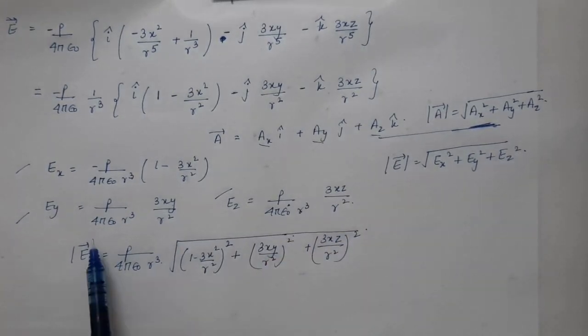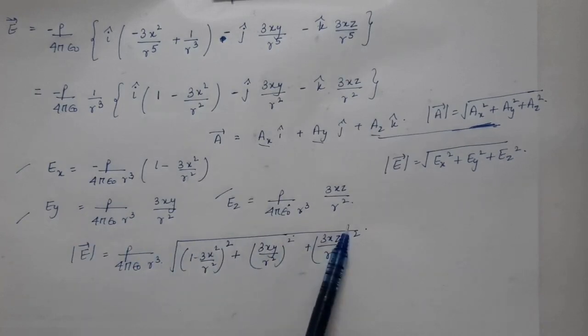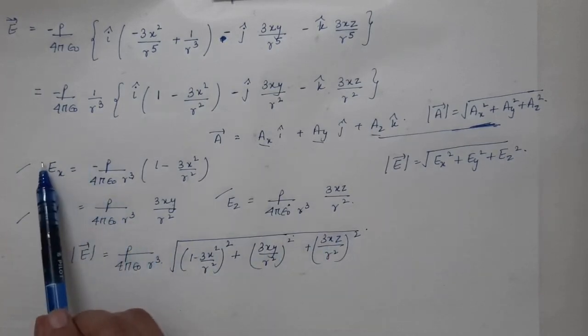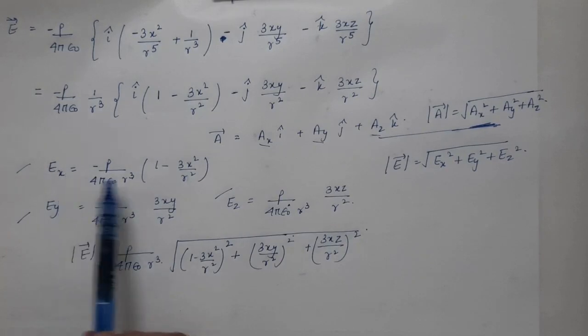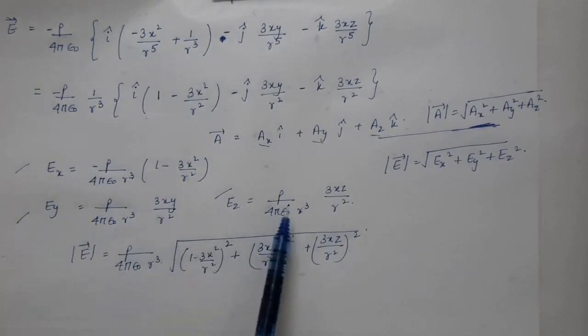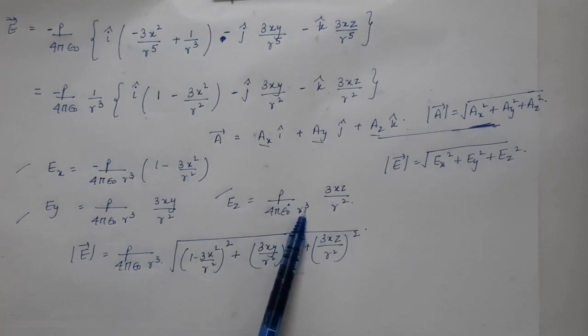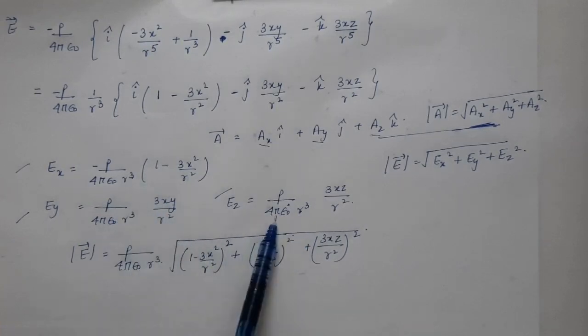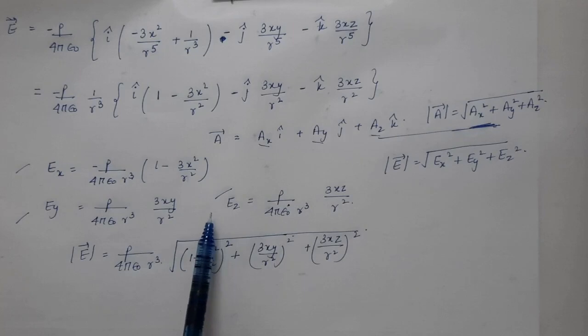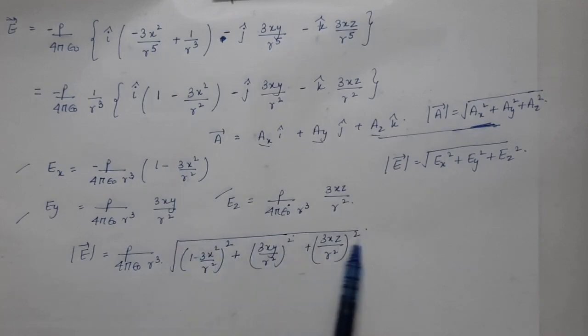So I have just skipped one step in between, that is we are doing the square. So we will find Ex square, we will find Ey square and we will find Ez square, and then we will add all these squares of the x, y and z components, and then we will do the under root.